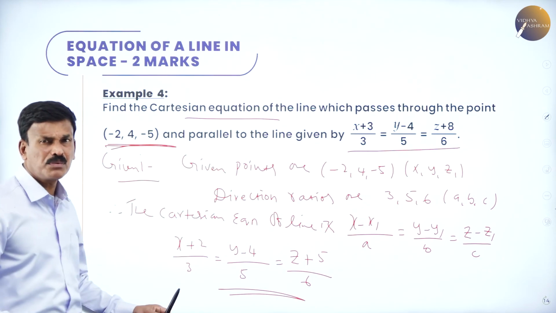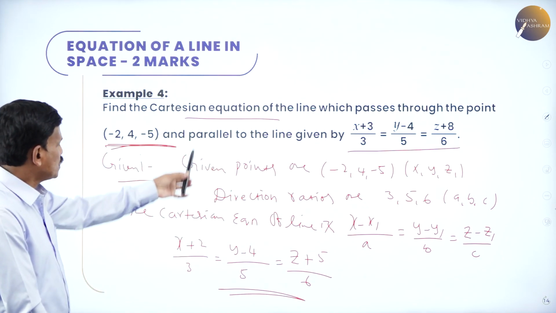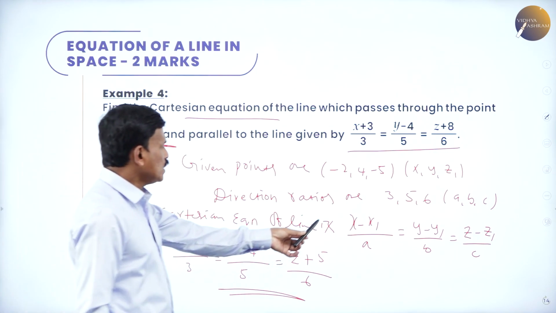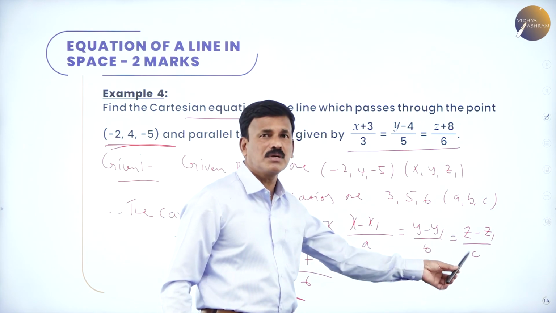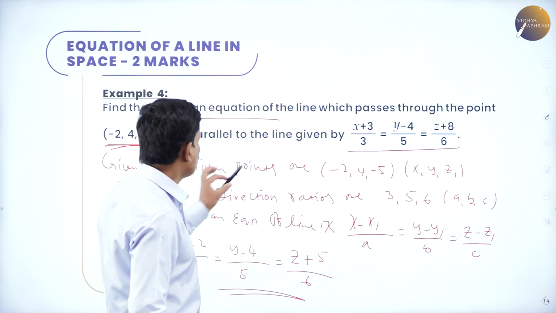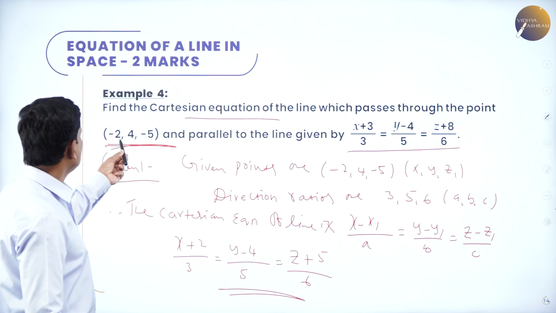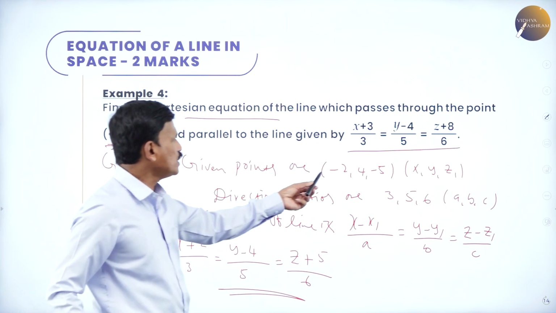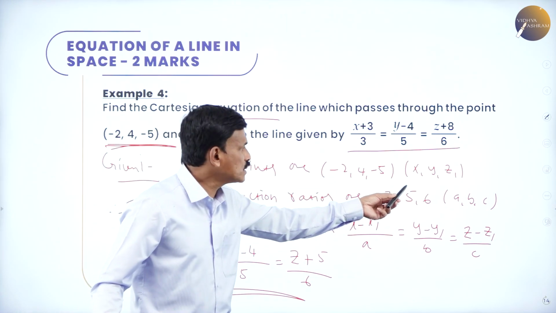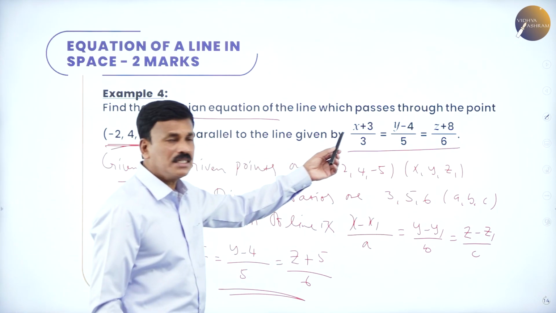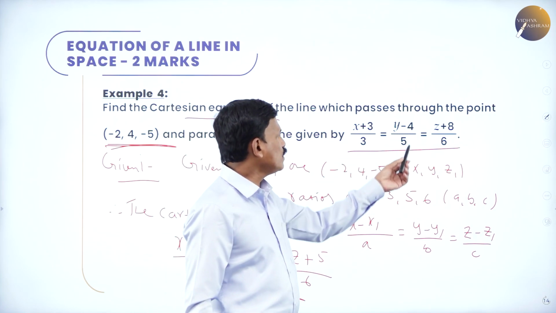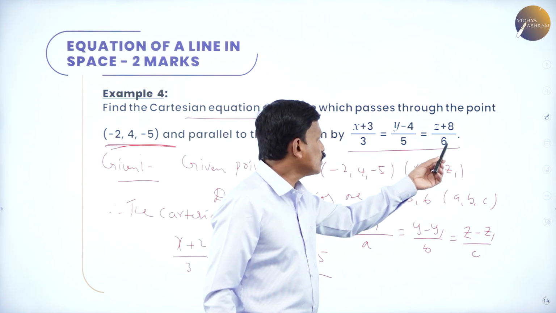See here, very simple problem. Find the Cartesian equation. The Cartesian equation of the line is x minus x1 by a is equal to y minus y1 by b is equal to z minus z1 by c, which passes through the point minus 2, 4, 5. So the point minus 2, 4, 5 is nothing but x1, y1, z1. And it is parallel to the given line: x plus 3 by 3, y minus 4 by 5, z plus 8 by 6.